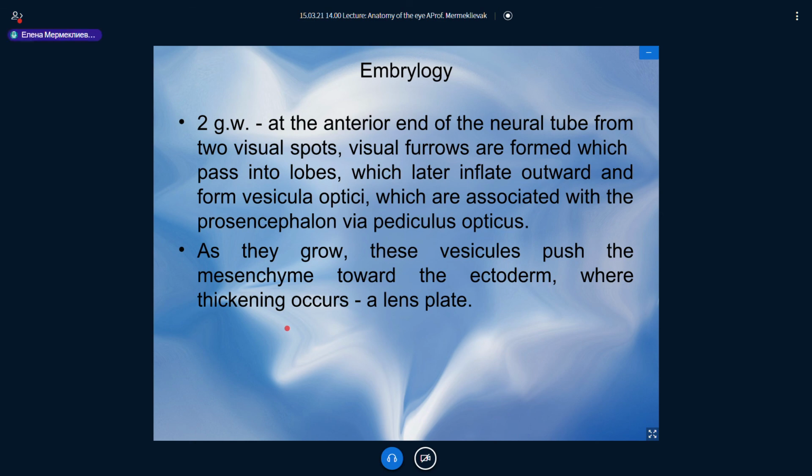As they grow, these vesicles push the mesenchyme toward the ectoderm, where thickening occurs. This is the lens plate.